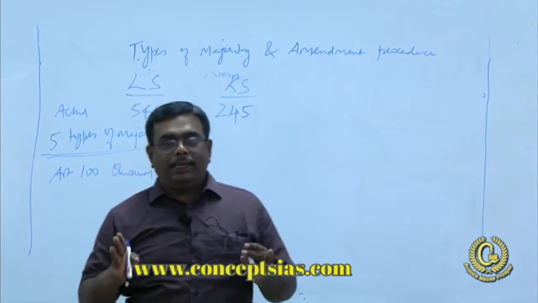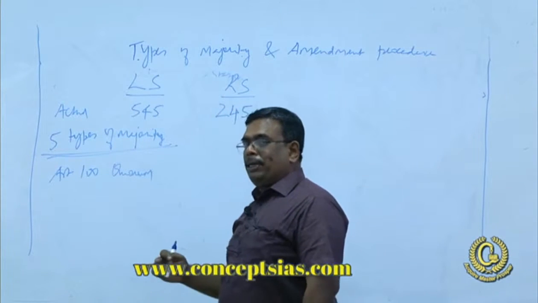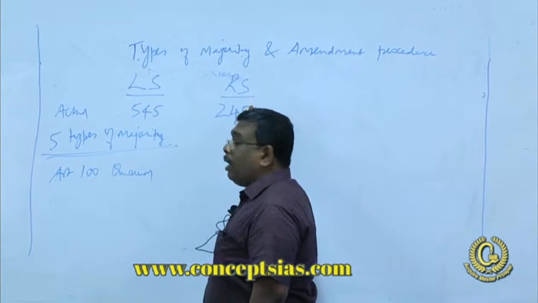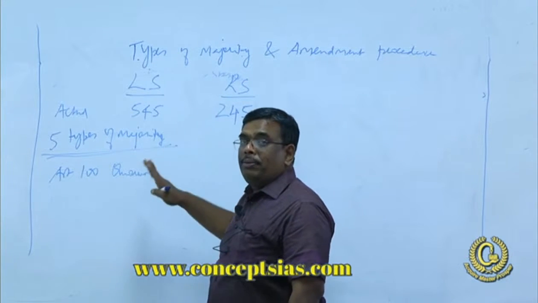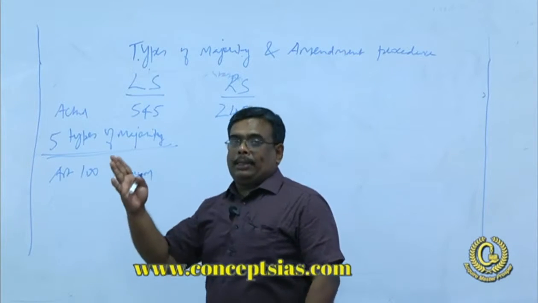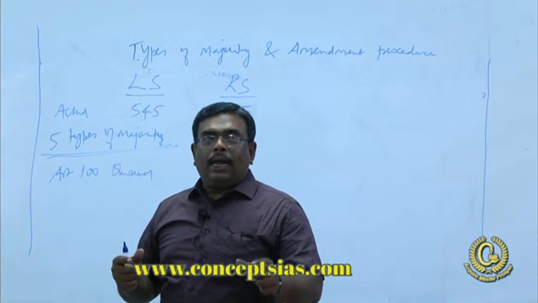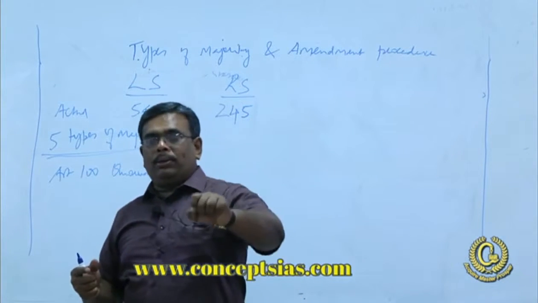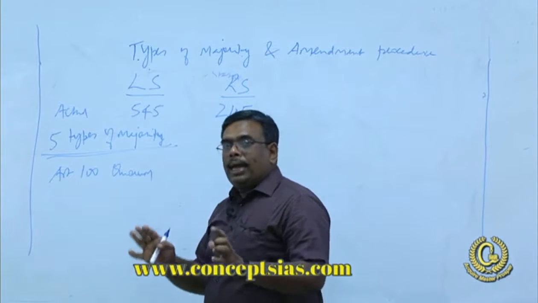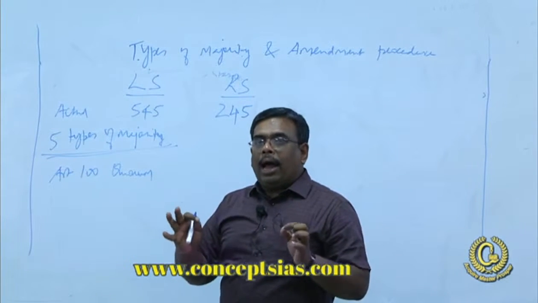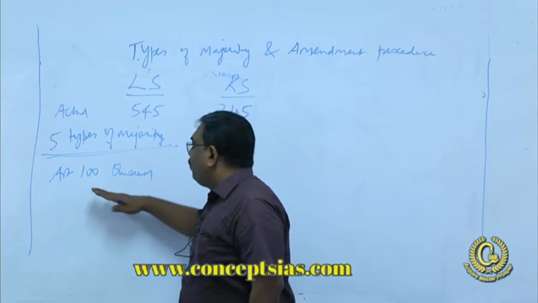So, quorum is the minimum number of members either in Lok Sabha or Rajya Sabha to have the business conducted. So, for the conduct of business on any day in the Lok Sabha or Rajya Sabha, there must be present at least a minimum number of members.